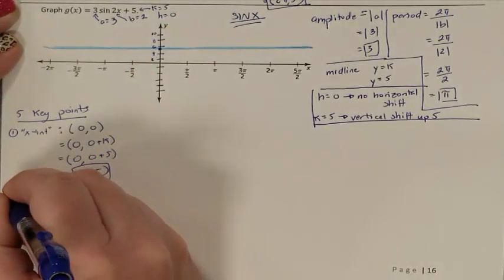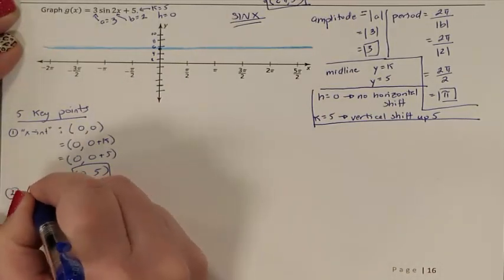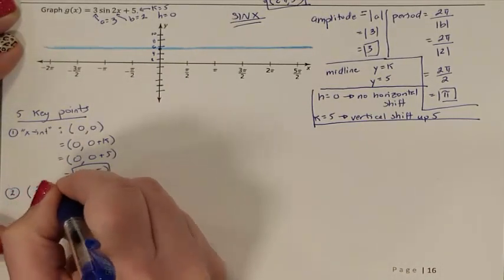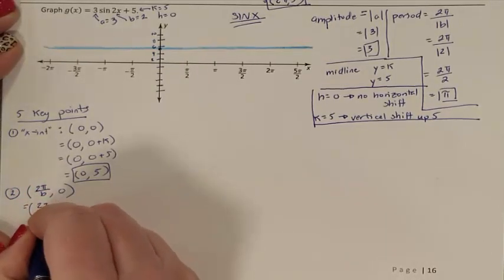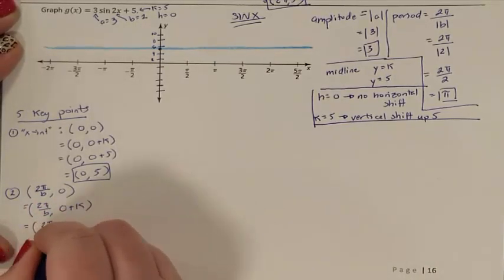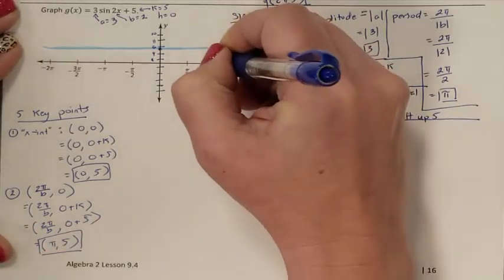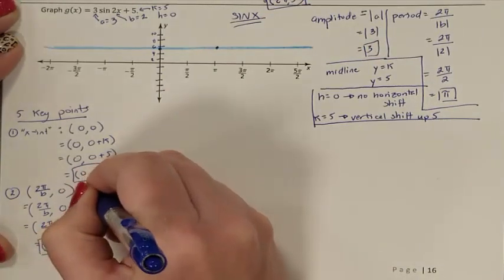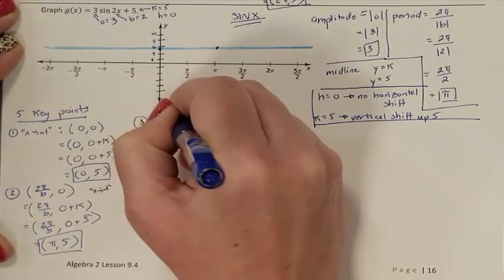Where is my second x-intercept, which is a midline intercept? My second is at the 2 pi over b, 0, but my y needs to have that vertical change in it. So here is the added k for the vertical change. My k is 5. So this coordinate point is pi, 5. So here's pi, 5. This was another x-intercept. Sine has 3 midline x-intercepts.